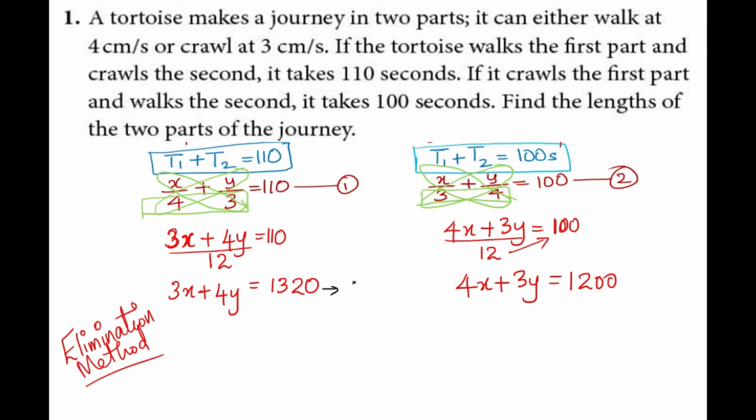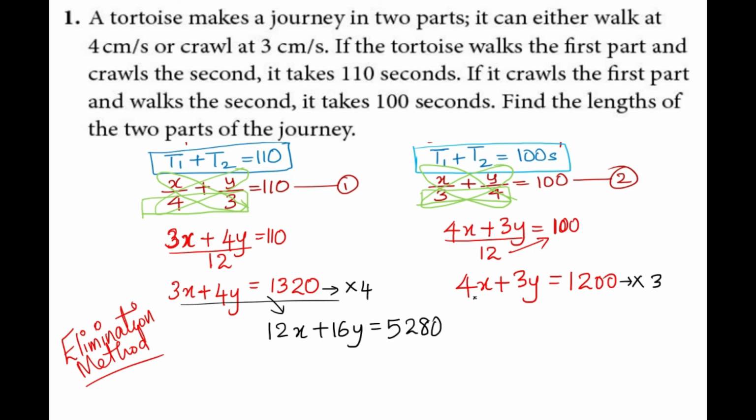I'll be multiplying this equation with 4, and I'll be multiplying this equation with 3. So I'll have 12x plus 16y is equal to 5280. This is from this equation.